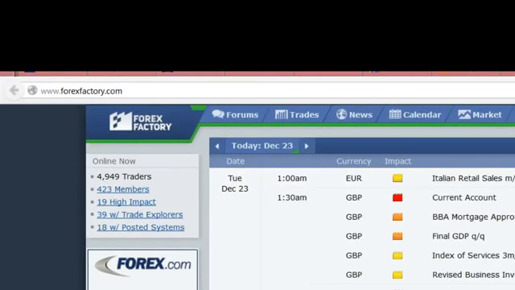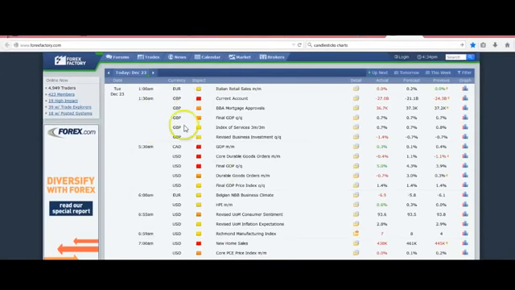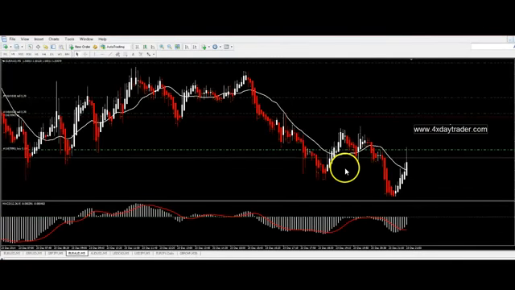It's a place where we can get the high impact, medium impact, and low impact news reports that are coming out that would affect the currency markets. And currently, there is none within the time frame that I was trading. So I had a good sense about what the market and the price action was doing, and it's basically in a channel going up and down, up and down, up and down.